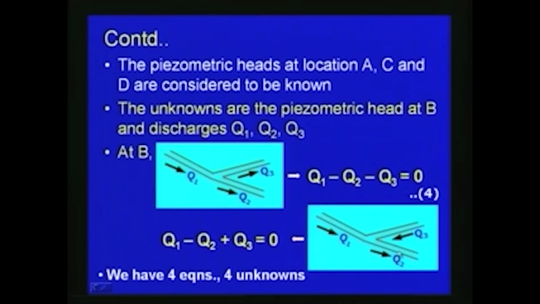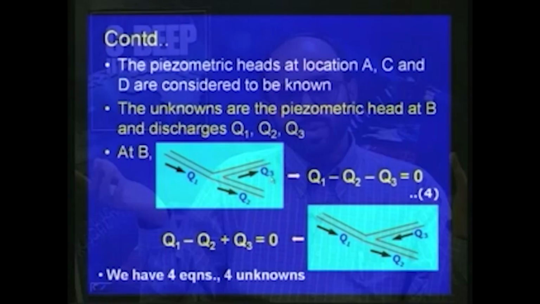But if we assume the other way, Q1 and Q2 in this direction, Q3 towards the junction, then we will write Q1 minus Q2 plus Q3 is equal to 0. So, we can assume the direction initially, then do the calculations and find the discharge, and later we can adjust the direction depending upon our assumption.